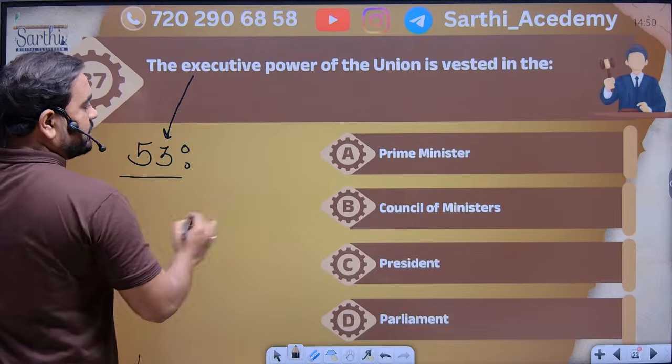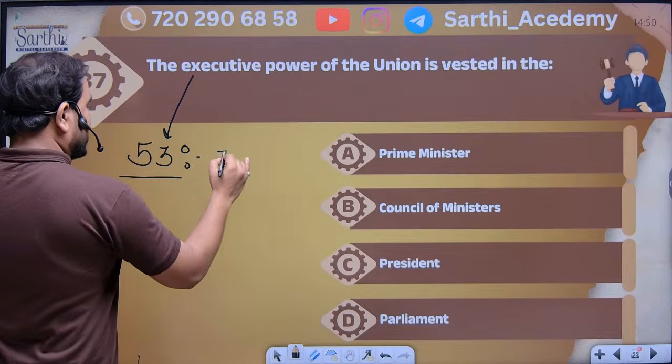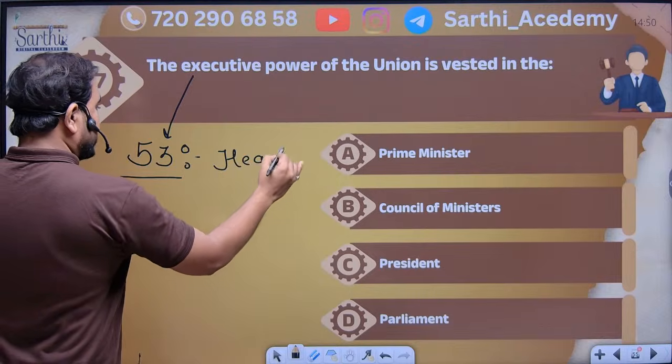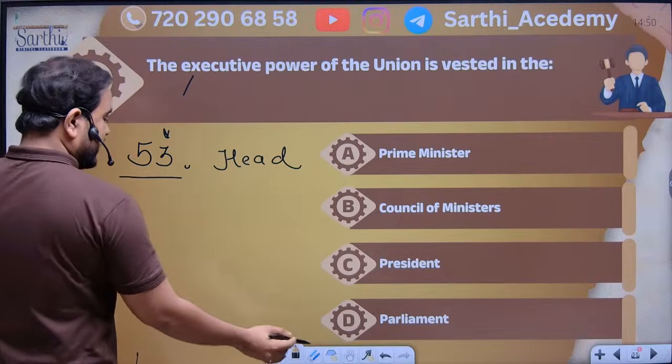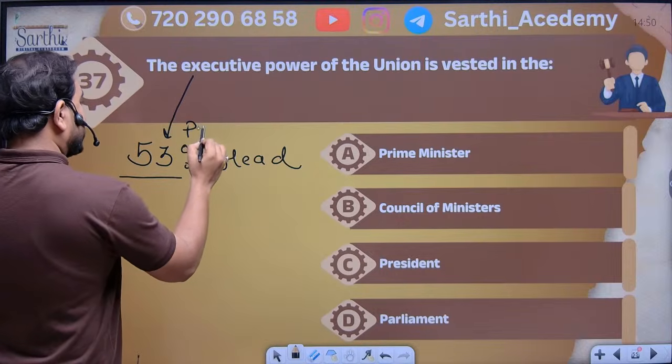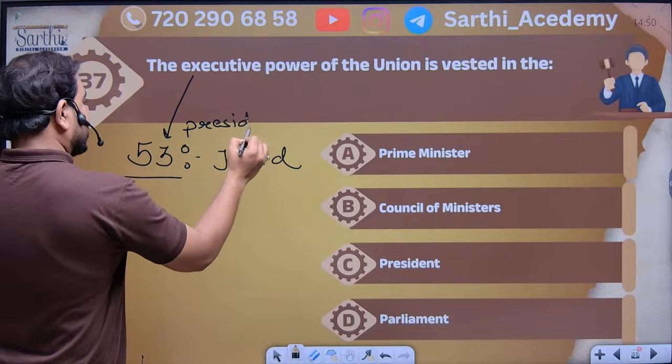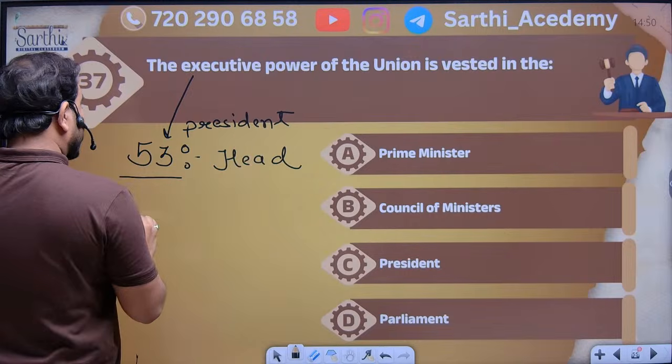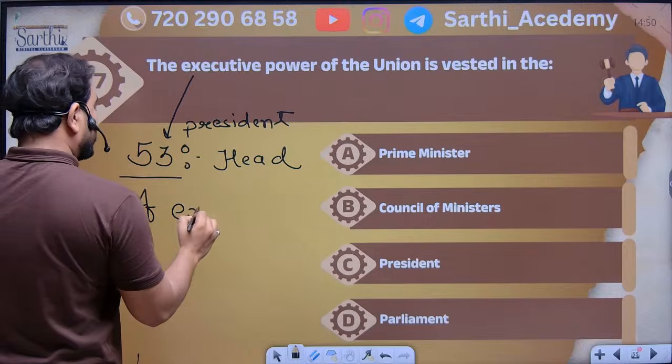See, article 53 deals with the president of India, and it says the head of executive.